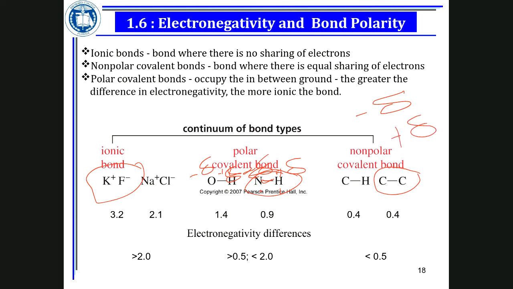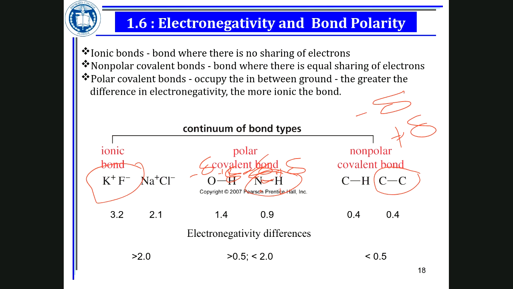So we have three different types of bonding: ionic bonding, non-polar covalent, and polar covalent. The general trend is that two of the same non-metal is going to be non-polar, two different non-metals is going to be polar covalent, and if it's metal and non-metal it's going to be ionic.